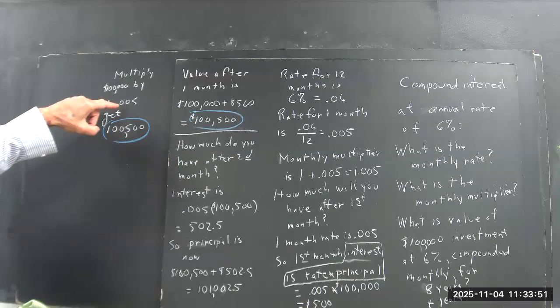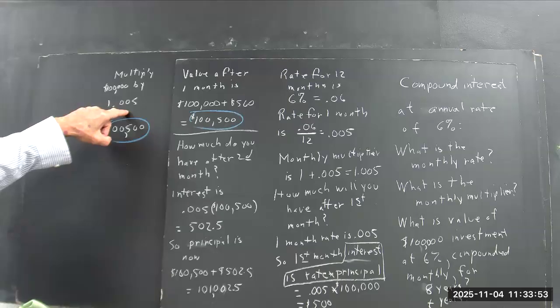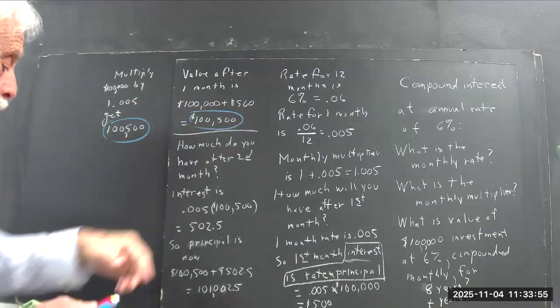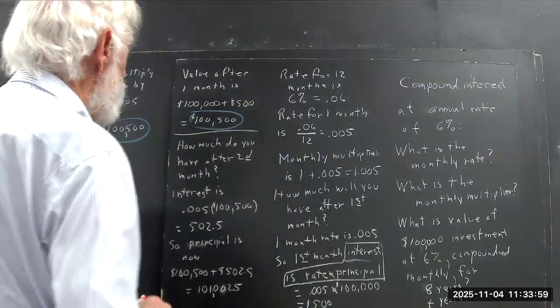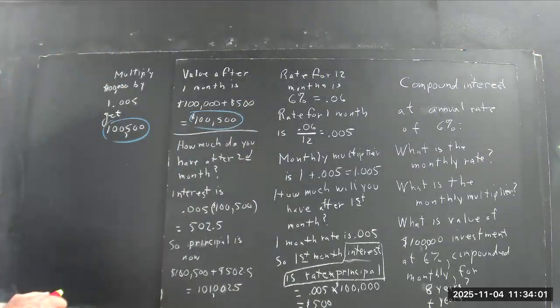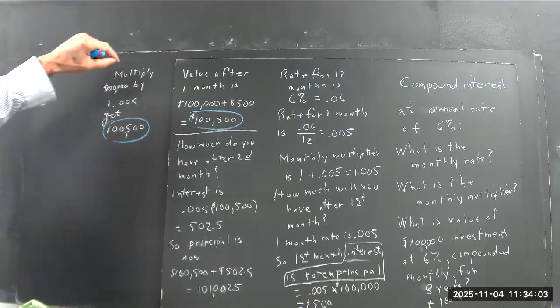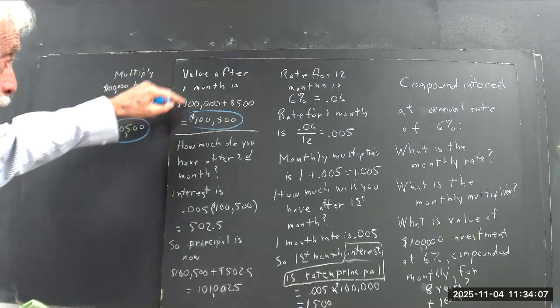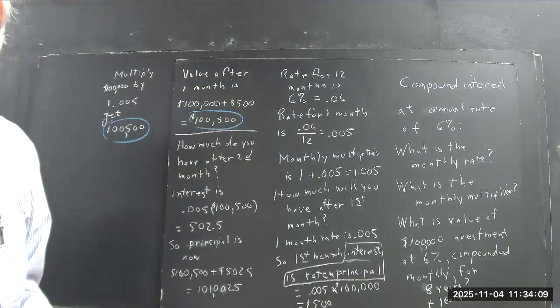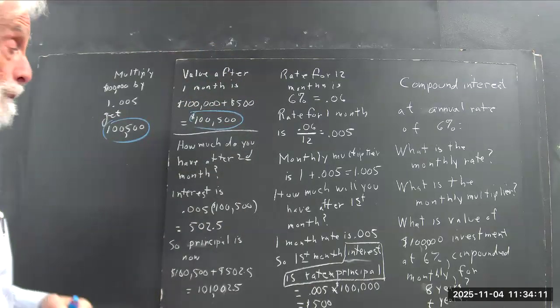And 0.005 times $100,000 is your $500. So if you just multiply by 1 plus 0.005, you get $100,000 plus $500.